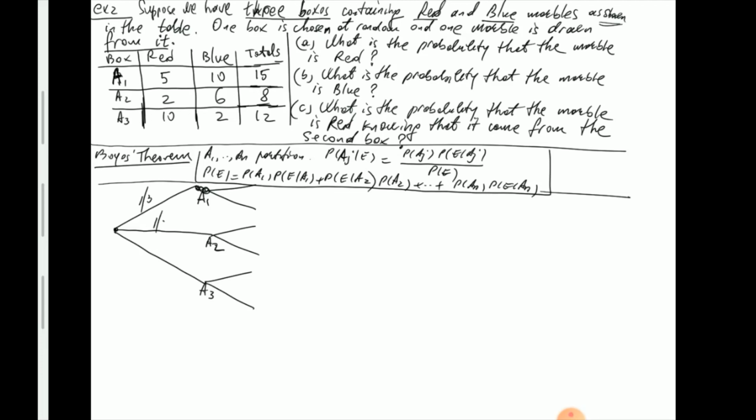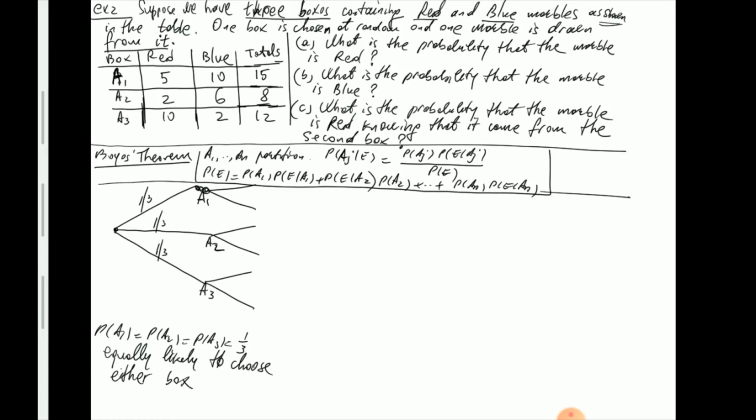The probability should add up to 1, which means that the probability of A1, A2, A3 is 1 over 3. So the problem itself suggests that you are equally likely to choose either box, right? A1, A2, or A3. So that's why you write 1 over 3 as the probability of either of them.